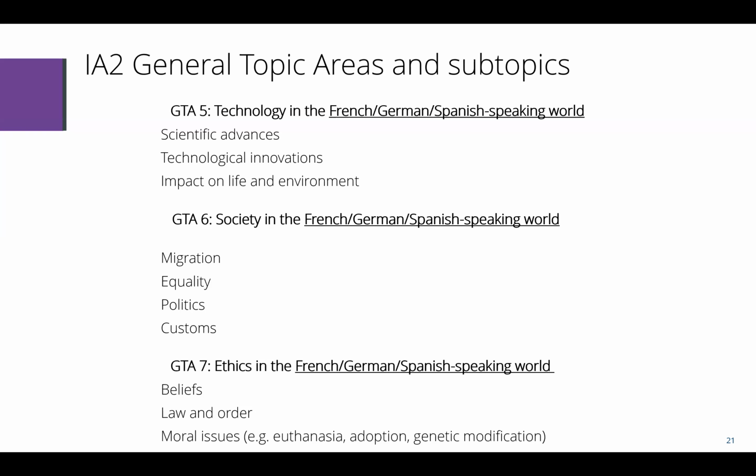They can make references as they wish, if it's a valid point that they want to make, that's fine. But it's essential for anything to do with these three topic areas that they ensure that it's the French, German, Spanish speaking world. So I hope that answers it.